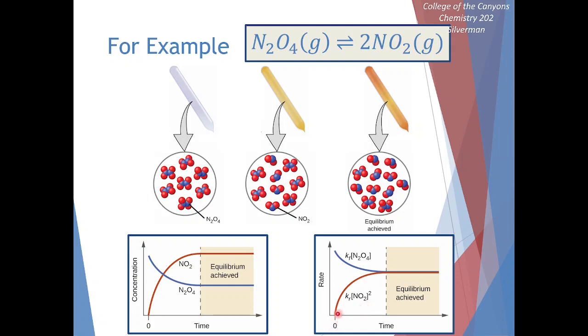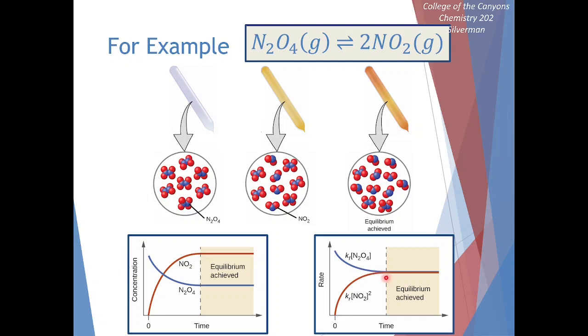NO2 can turn back into our N2O4. And the rate for this reverse process can be some rate constant times [NO2], perhaps squared, if this is an elementary step. Initially, we have none of our product, so the rate is exactly 0. But as more of it shows up, that rate will slowly increase.